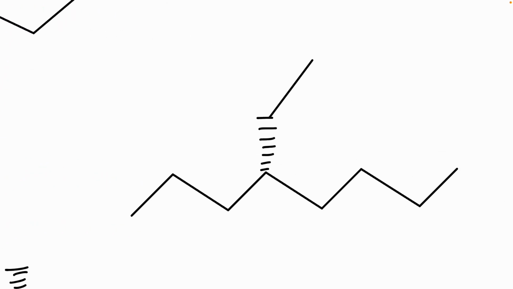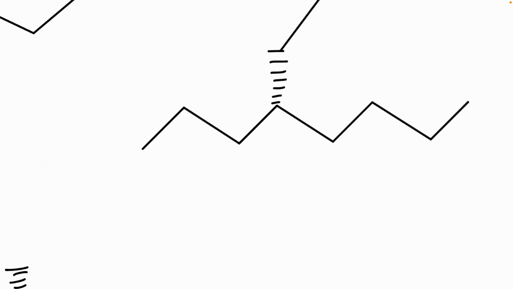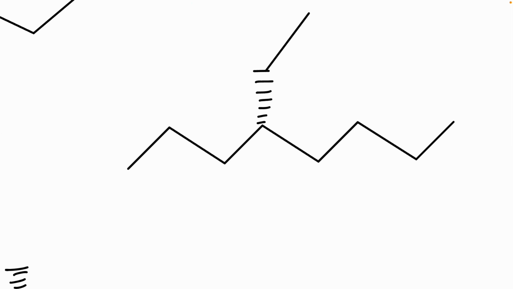All right, if we do this one here, if we're going to name this, ignoring the stereochemistry, this would be 4-ethyl octane. Yep. All right, but I can specify the exact stereoisomer I'm looking at my chiral center here.